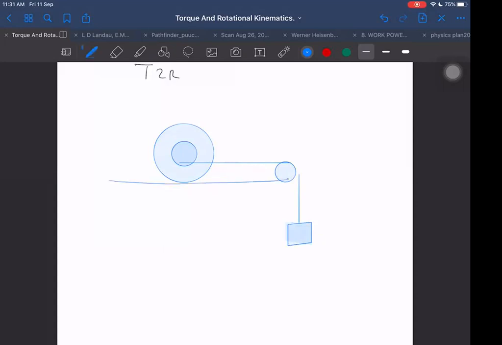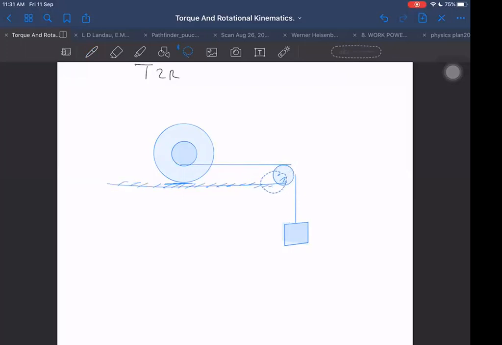One question is this one, which was given in some assignment somewhere. This is the question.